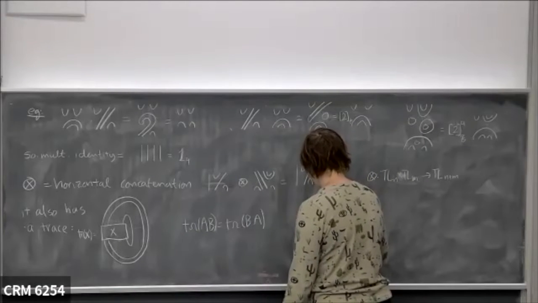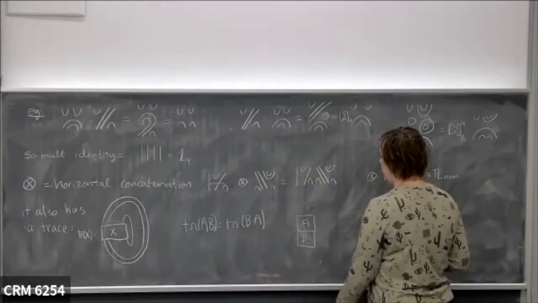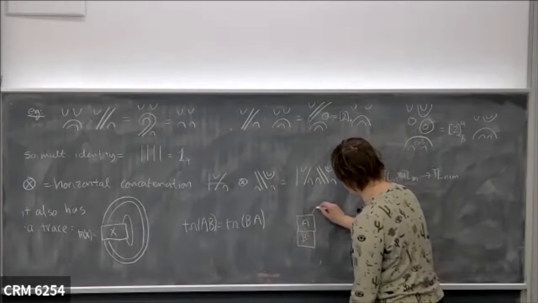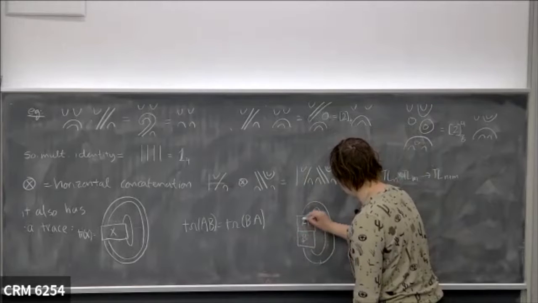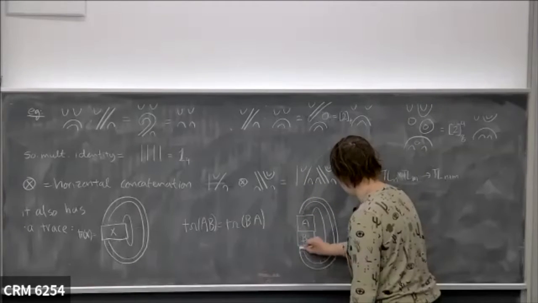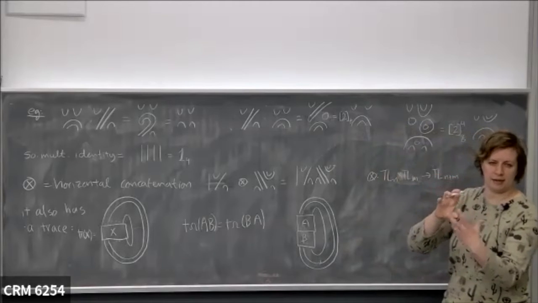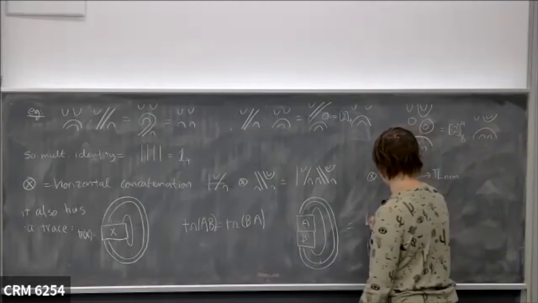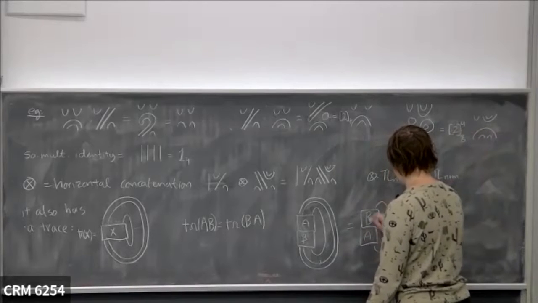And well, if you think about it, first we multiply A and B, we match up the bottom points of A with the top points of B, and then we match up the top points of A with the bottom points of B. And so we've just really glued these together along both boundaries, right? And so this is the same thing as doing it in the other order.